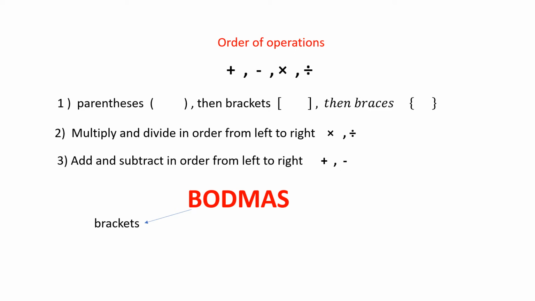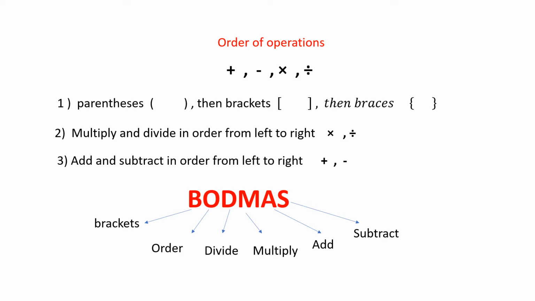O for order means whichever comes first on the left for multiply and divide together, or for add and subtract together. D for divide, M for multiply, A for add, S for subtract. So you have to memorize this word, BODMAS. Again, B for brackets, O order, D divide, M multiply, A add, S subtract.